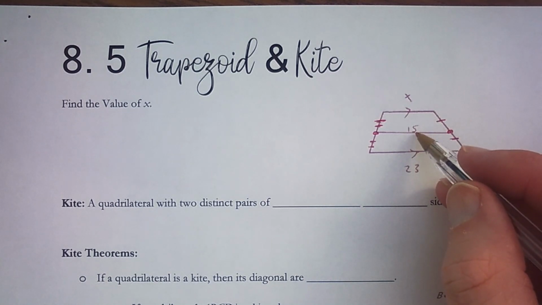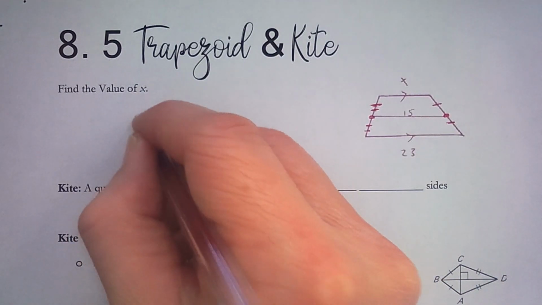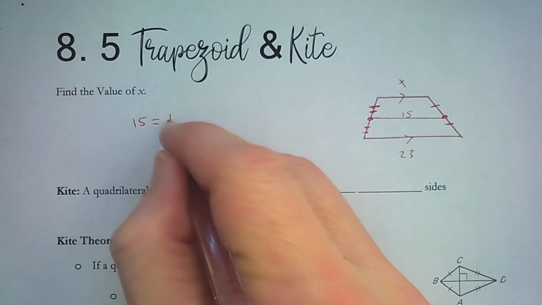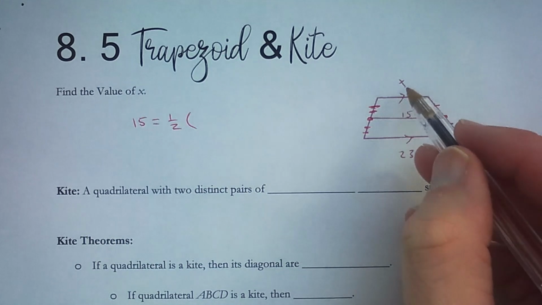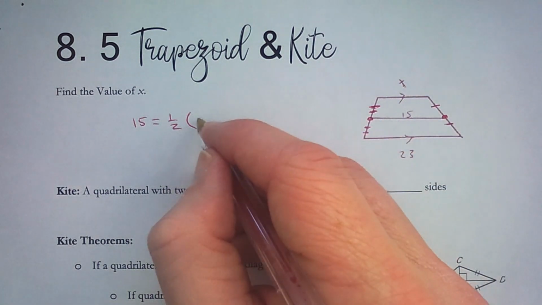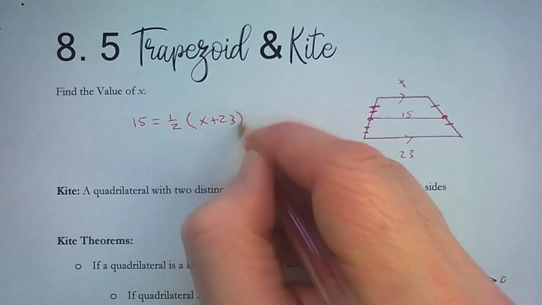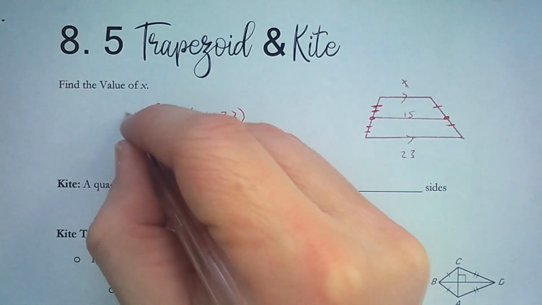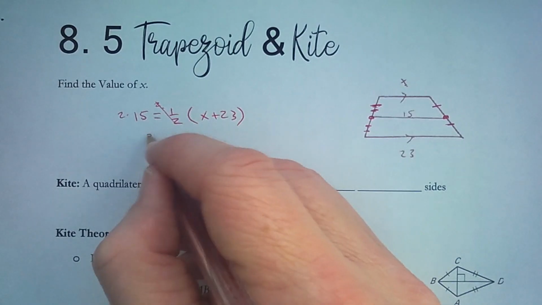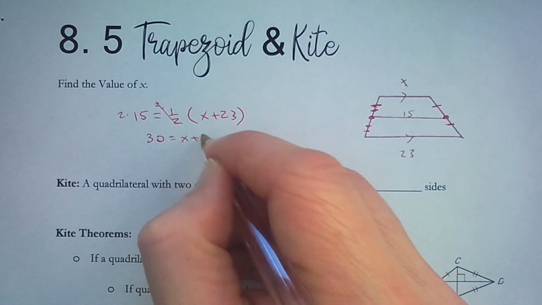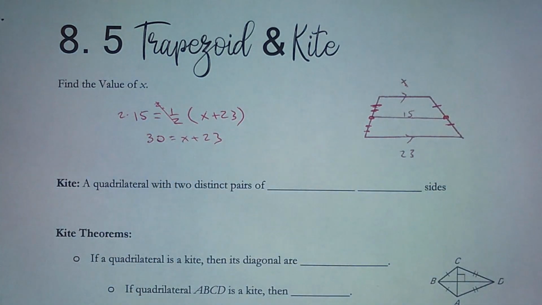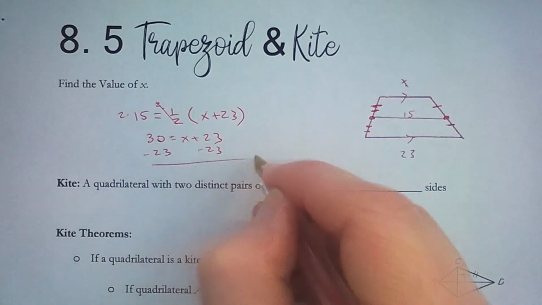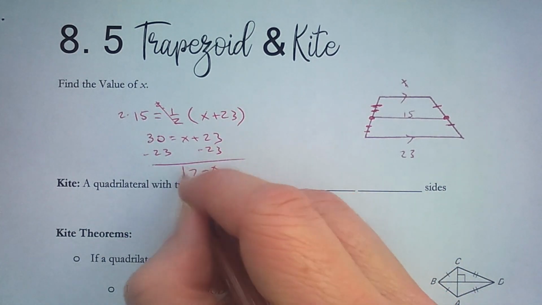This time I know the length of the midsegment, so I'll start with the length of the midsegment, 15, equals half of the sum of x plus 23, the two bases. Now to get rid of that half, I can multiply both sides by 2, and I get 30 equals x plus 23, and I can subtract 23, and I get x is 7.